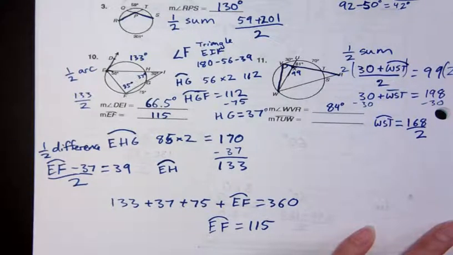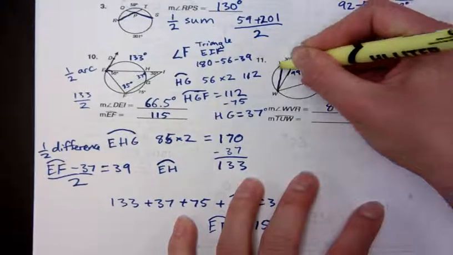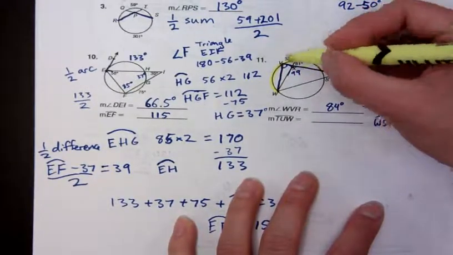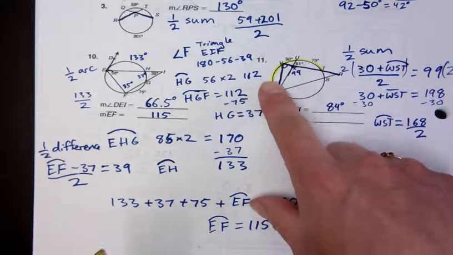And then TUW. What do I need to do for that? So now I need to find TUW. I already know this is 70 and 30. I just need to find VW to find that part. Oh, it's half. I could add them together, but I'm going to need to find this.